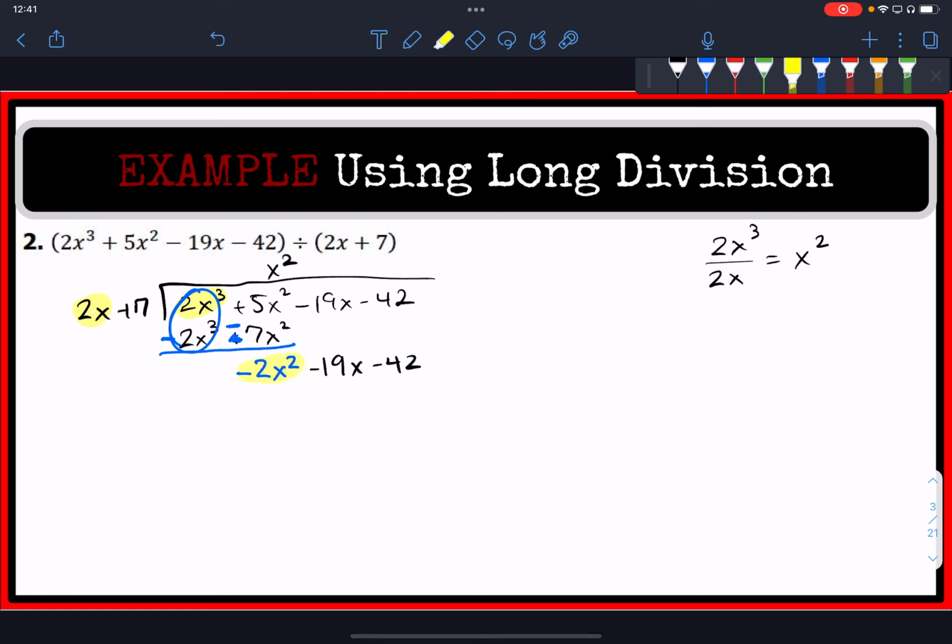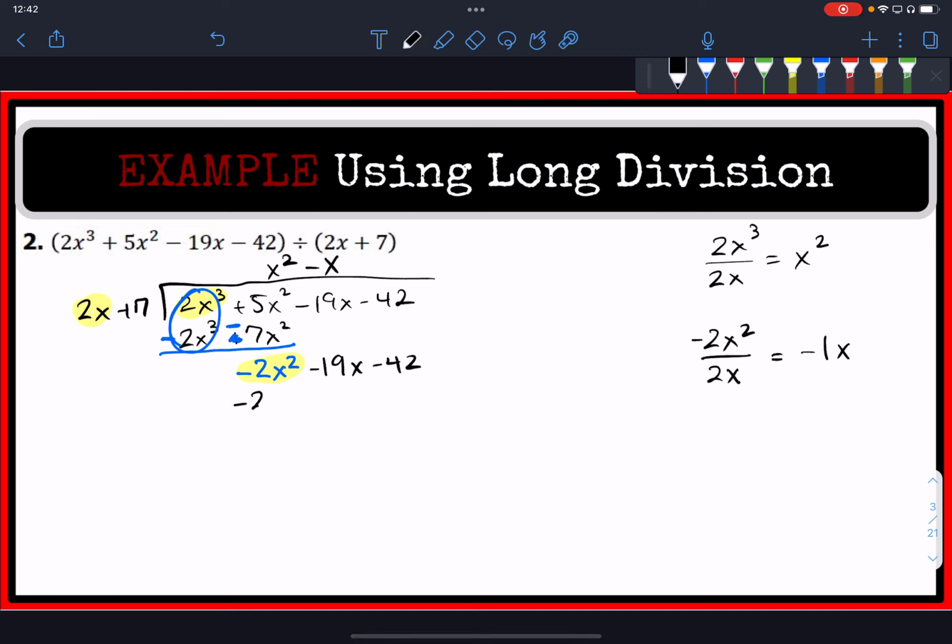So now how many times can 2x go into negative 2x to the second power? And the answer to that is negative 1x times, so negative x. Multiply our negative x with 2x plus 7.